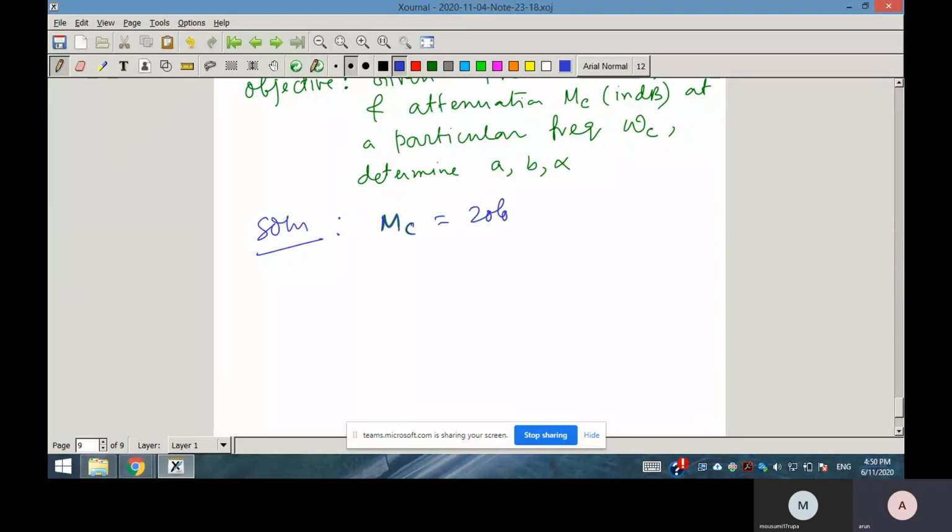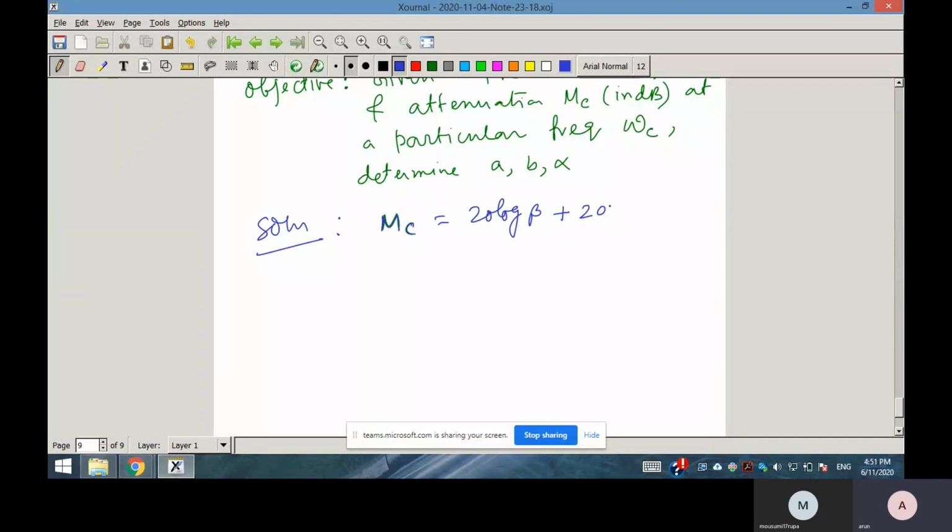So here Mc will be equal to 20 log beta, which is the gain attenuation provided by the lag part, plus the gain provided by the lead part. Ultimately this sum should be negative, that means beta should be less than 1, such that Mc is negative in dB.